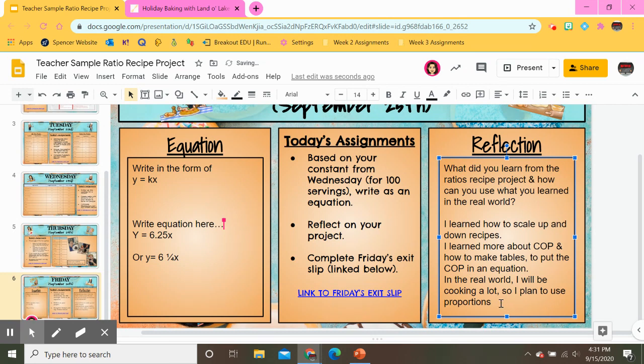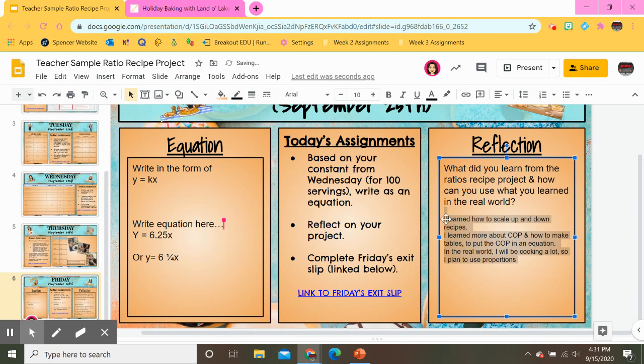I'm going to make this a little bit smaller, and you can do that too if you're running out of room. Those are a few things that I learned. I'm interested to see what you've learned.